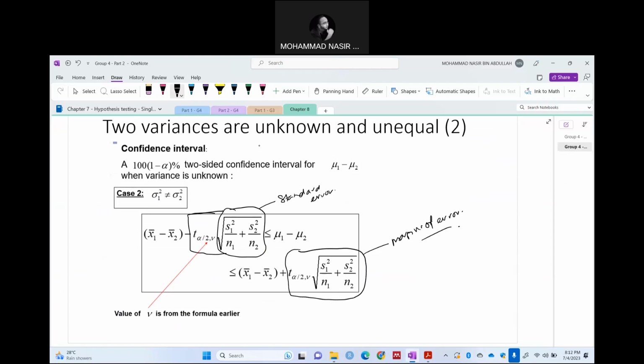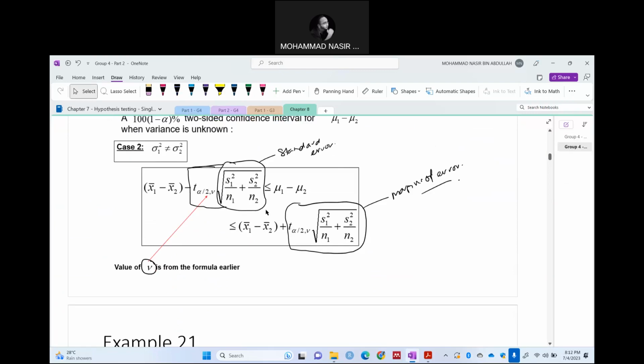So the degree of freedom we calculate based on the formula, right? S1 square divided by N1 plus S2 square divided by N2, divided by everything, divided by S1 square divided by N1 square divided by N1 minus 1. And that is a formula, very long formula.